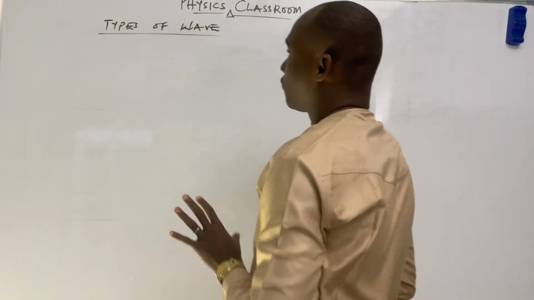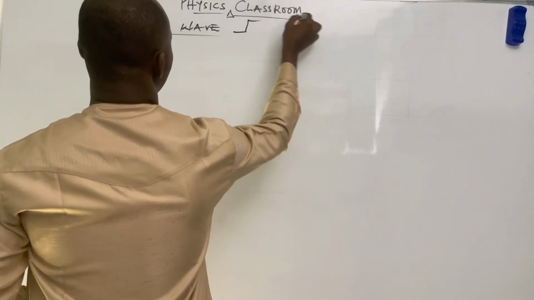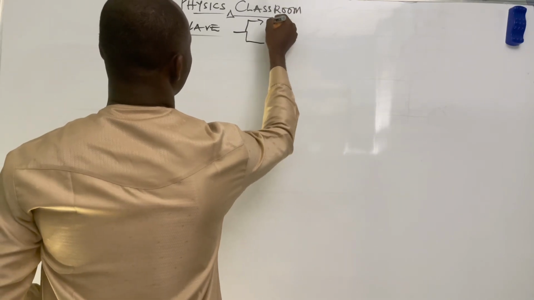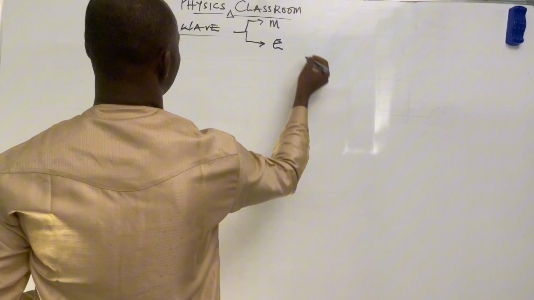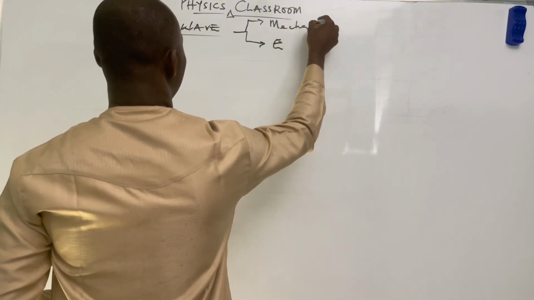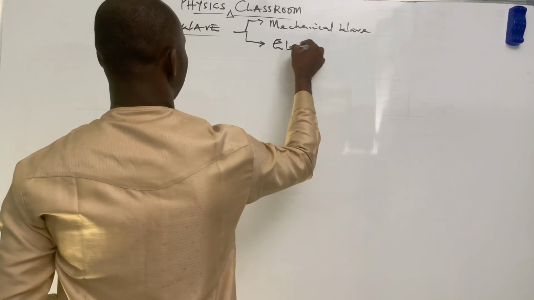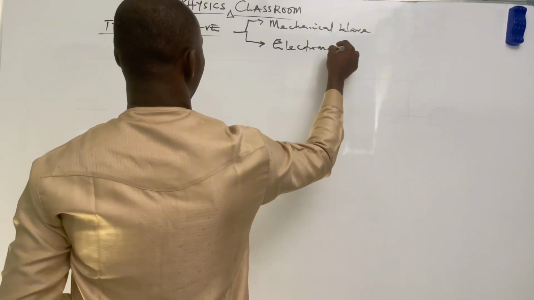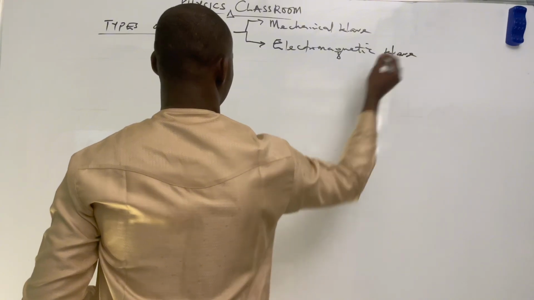There are two types of waves, which are the mechanical wave and the electromagnetic wave.